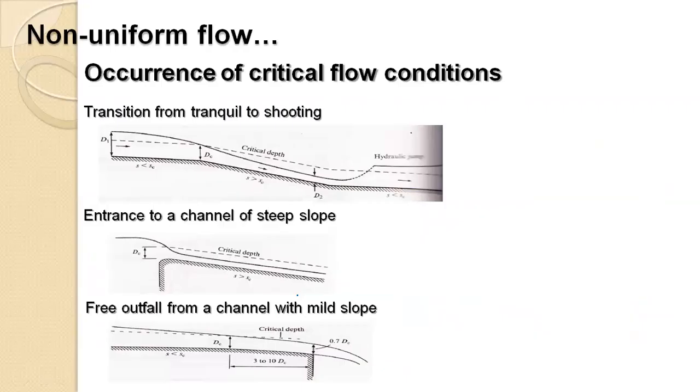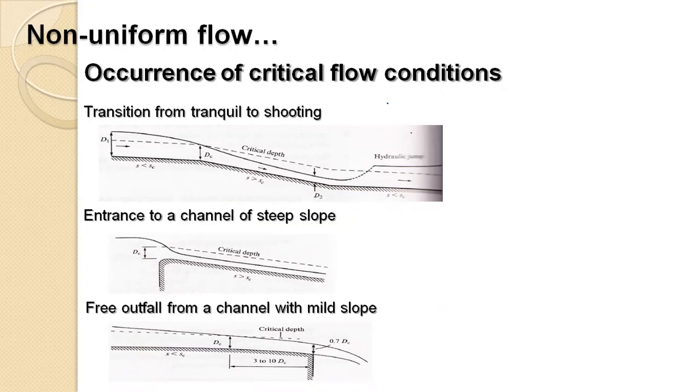Right, now the critical conditions can occur. I told you that in channels there can be different changes in the channel section or the bottom. The critical conditions will occur when the water levels change from a high water level to a low one.